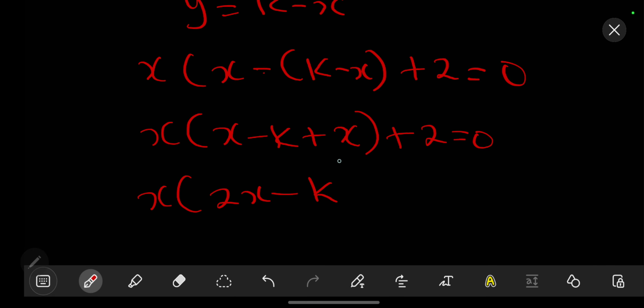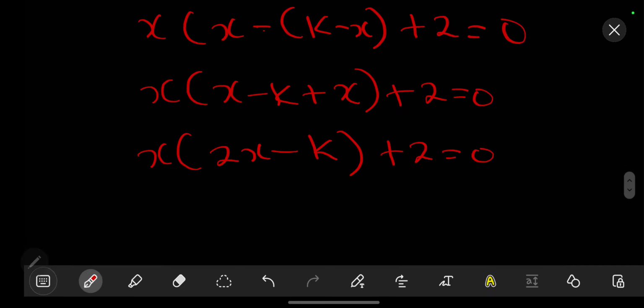So x plus x gives us 2x, then minus k, then plus 2 equal to 0. Then the next stage is to open the brackets. So x times 2x gives us 2x squared. Then minus x times k gives negative kx. Then plus 2 equal to 0.